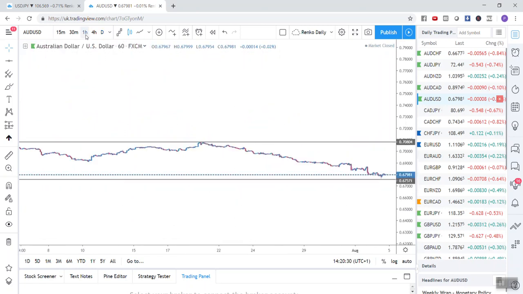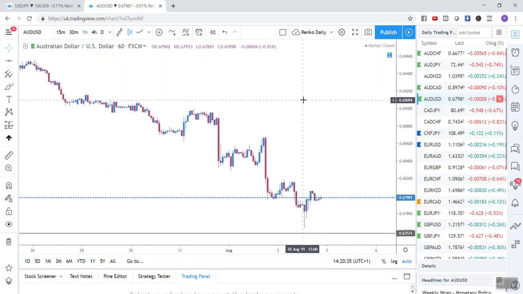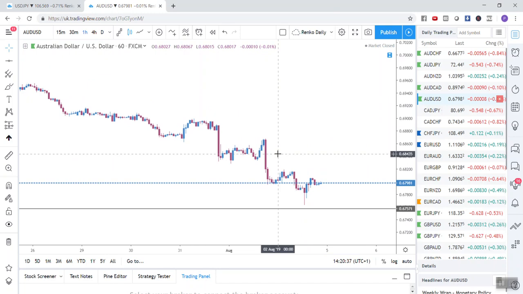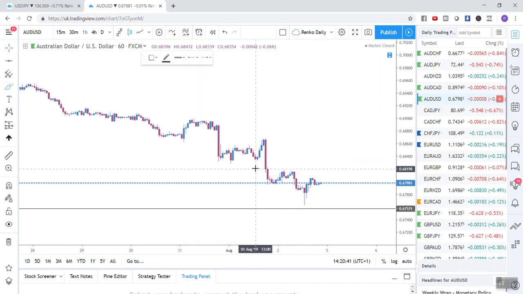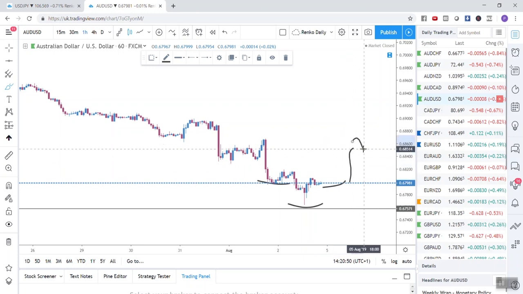If we go to our 1 hour, we can see that the market has started to put the brakes on. Left shoulder, head, right shoulder, take the market up.